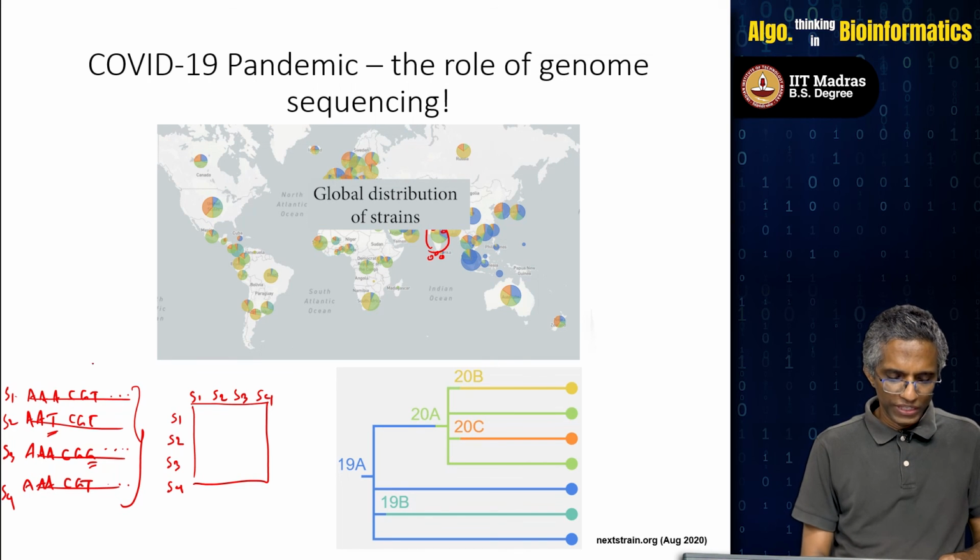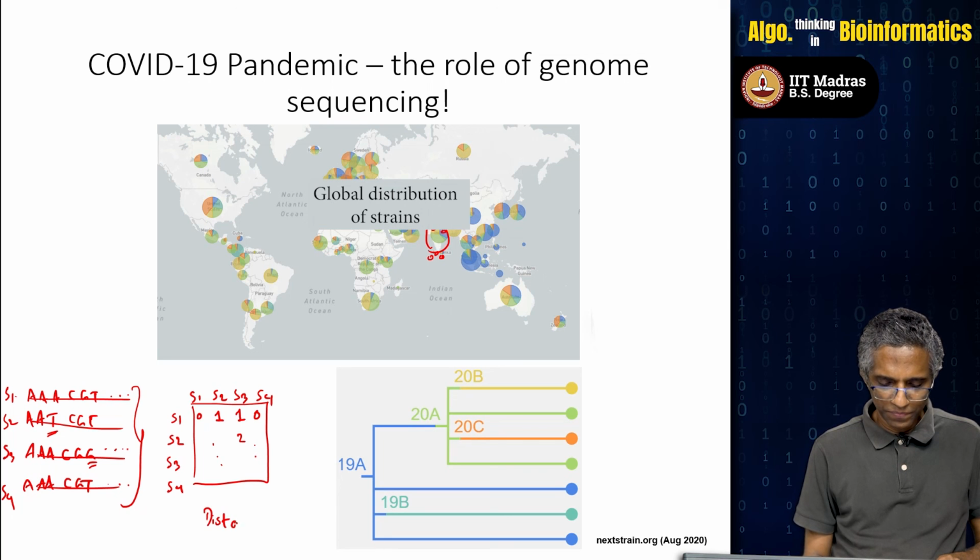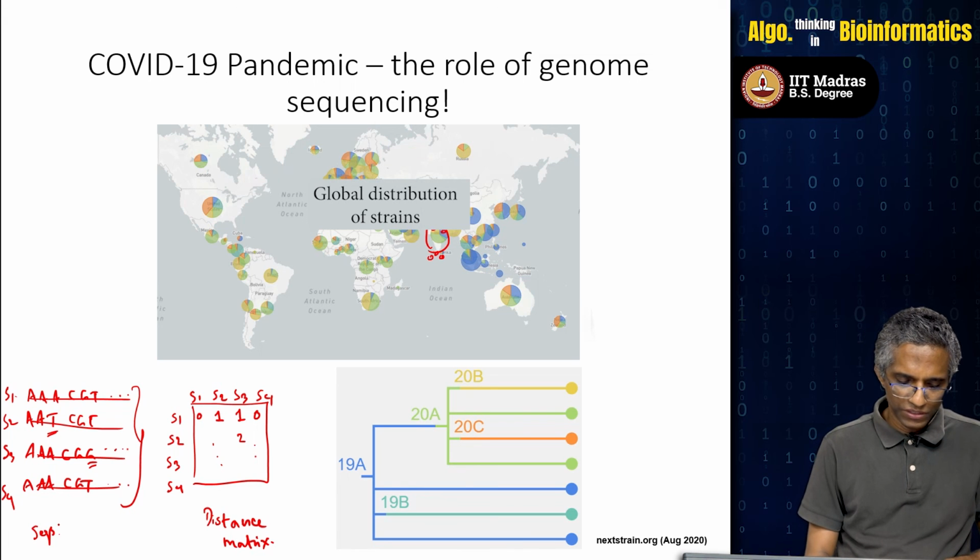Looking at these first few letters, there is no change between S1 and S4, so S1 and S4 will have a distance of 0, S1 and S2 will have a distance of 1, S1 and S3 will have a distance of 1, and this will be 0 of course, S2 and S3 will have a distance of 2 and so on. So this is called a distance matrix. These are the initial sequences.